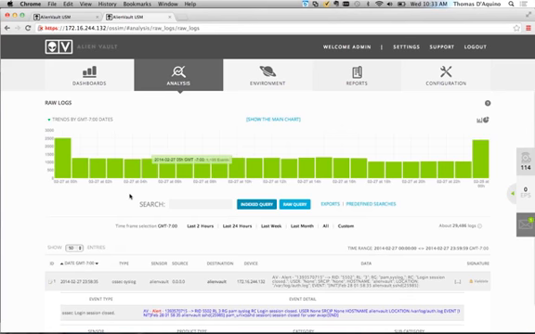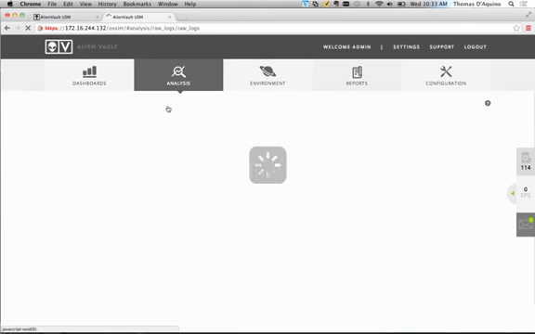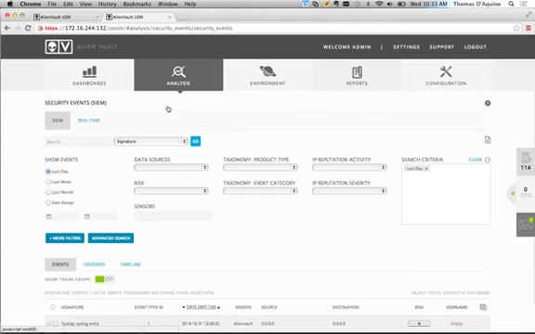Then we've also got the next level up, what we call security events. Those security events are essentially that capability of normalizing the raw log data so that we can do some interesting correlation around it and show you the problems that actually exist in your environment. So we can show you operating system events or individual types of data that have been collected in a particular environment.